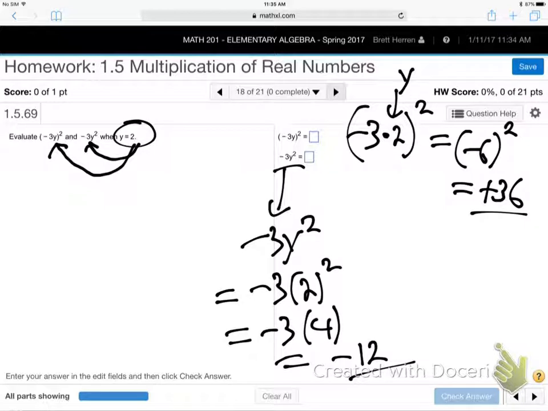Question? The parentheses around 2, does that end up changing the 2? Whenever you plug into a formula, you put parentheses around the number you're plugging in. So I'm plugging in 2 to that formula, so put parentheses around it. 2 squared is 4. Make sense?